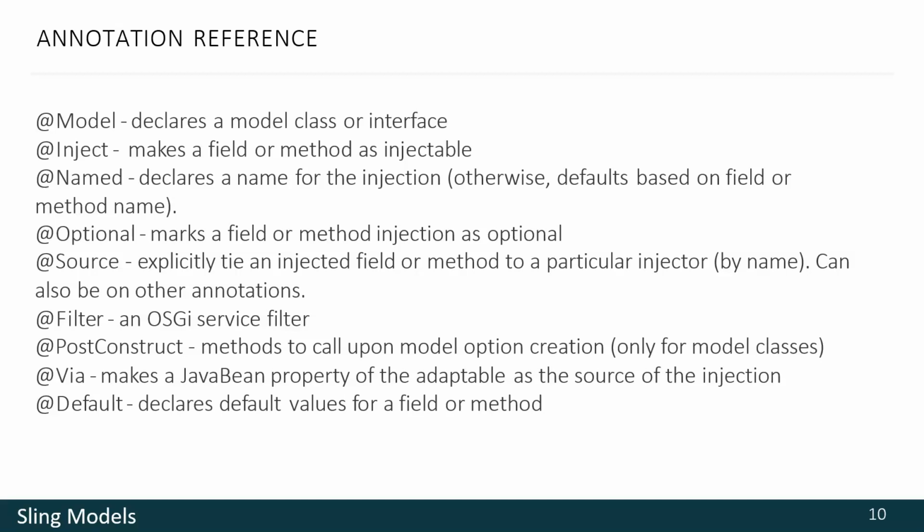Can also be on another annotation. Filter is an OSGi service filter. PostConstruct marks methods to call upon model object creation. Via makes a Java bean property of the adaptable the source of the injection. And finally, Default sets default values for a field or method.